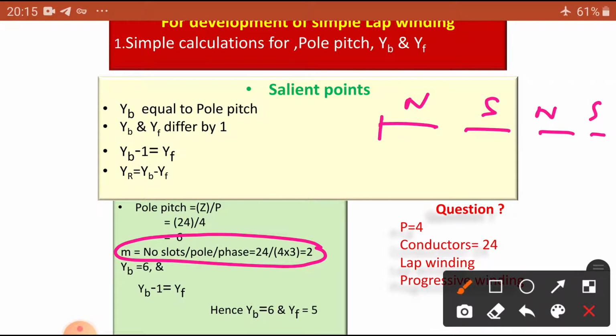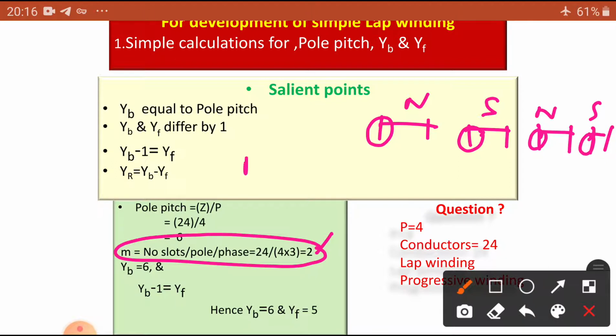So here 6 slots, 6 slots, 6 slots, 6 slots. Now for the R phase, 2 slots, and here the south pole is under the influence of 2 slots, north pole also 2 slots, and south pole also 2 slots.